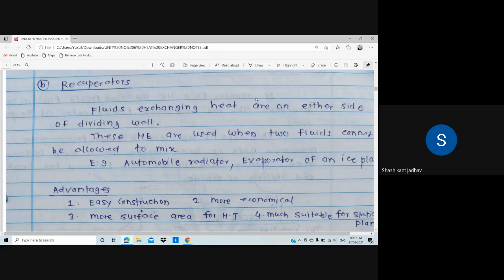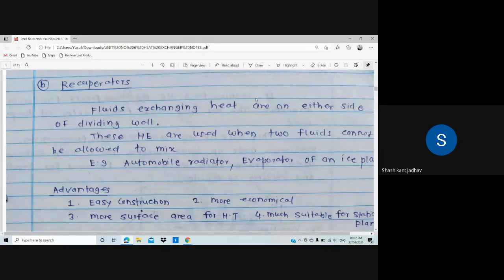Okay, so write down the examples for the recuperator types of heat exchanger, that is automobile radiator, comma, evaporator of an ice plant.